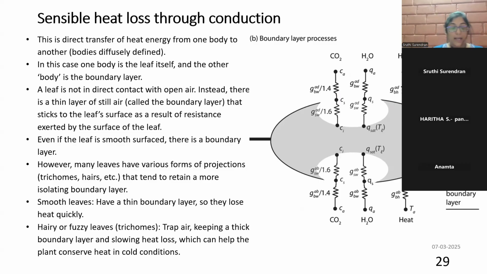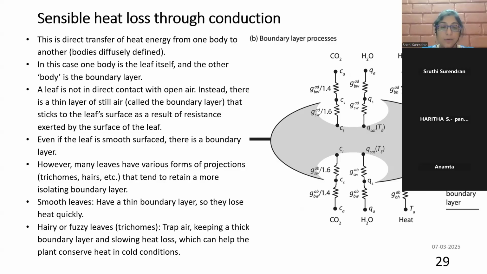So if you look at it, when a leaf is exposed to air, the leaf is not directly in contact with air, but in turn there is a boundary layer that exists around the leaf, and then you have the air or the atmospheric surrounding situation. And this boundary layer is a function of the smoothness of the leaf, say the size of the leaf, the dimension of the leaf.